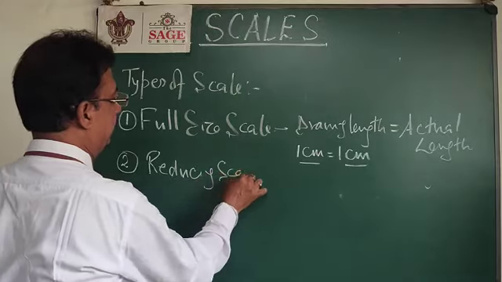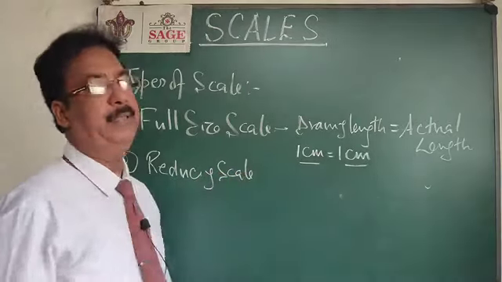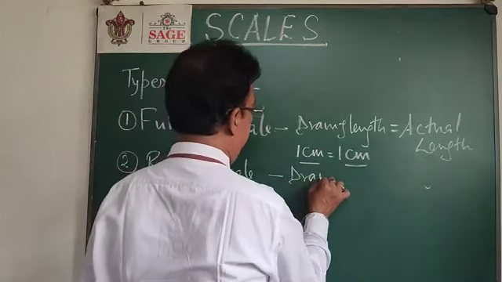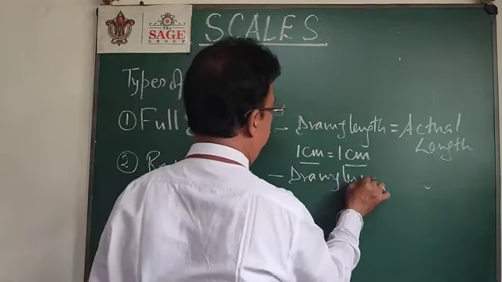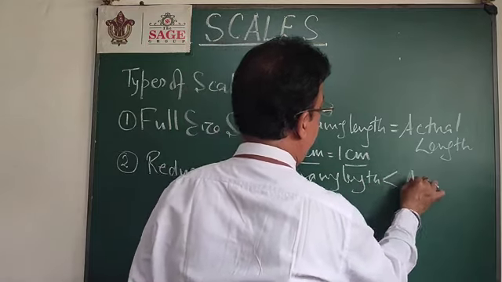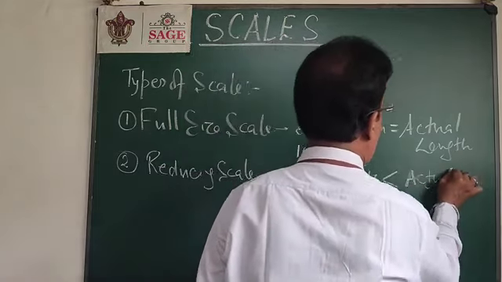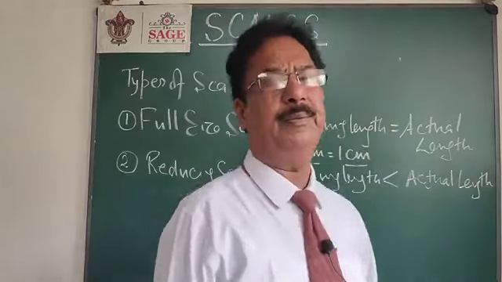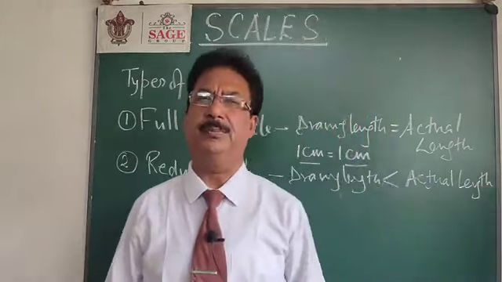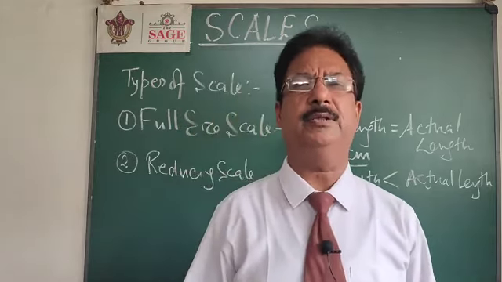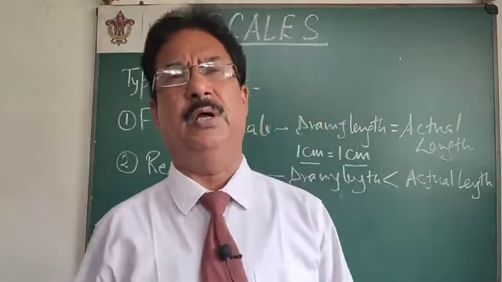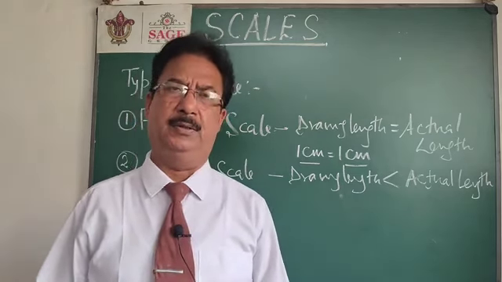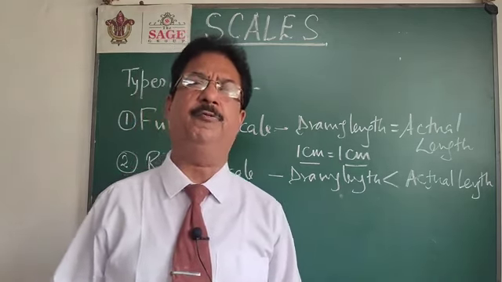In the reducing scale, the drawing length is less than the actual length of the object. For any object which is bigger, which is not possible to draw on the actual size, we are going to reduce. In what proportion we reduce depends on us, what will be suitable for that particular object.